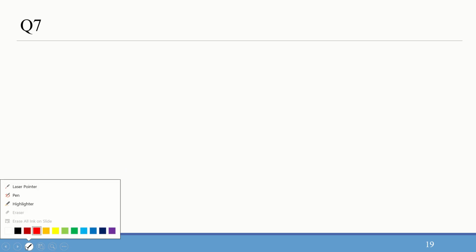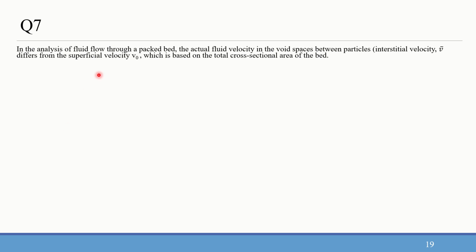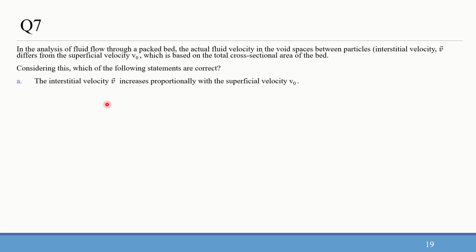Now for question 7 we have: in the analysis of fluid flow through a packed bed, the actual fluid velocity in the void spaces between particles, that is the interstitial velocity V dash, differs from the superficial velocity V naught, which is based on the total cross-sectional area. Considering this, which of the following statements are correct? Interstitial velocity increases proportionally with the superficial velocity V naught.